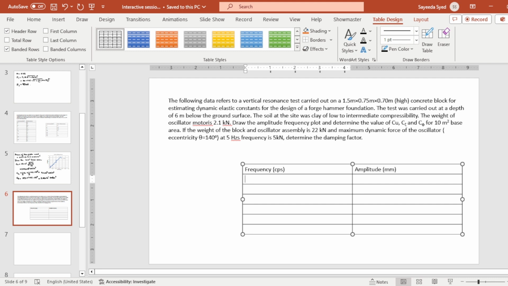The frequencies are 20, 25, 30, 35, 40, and 45.